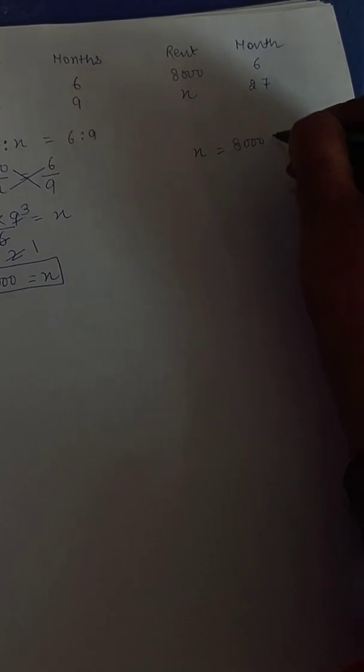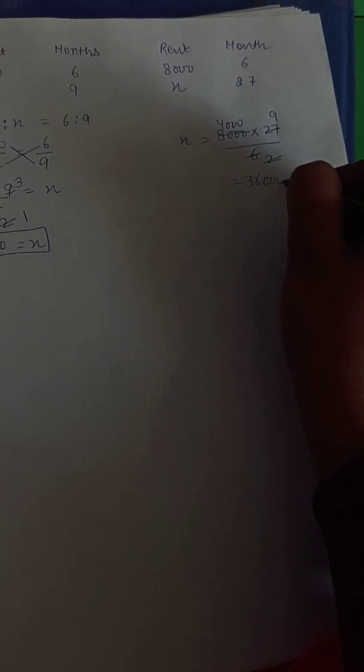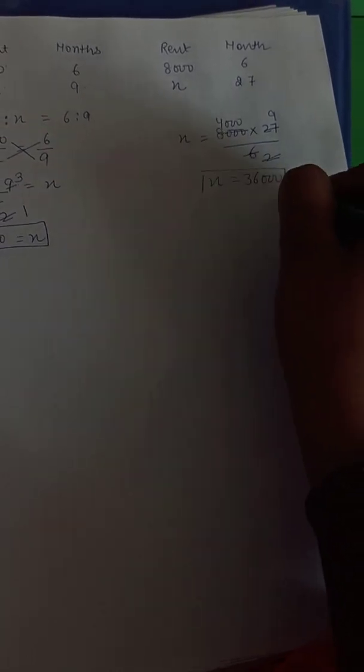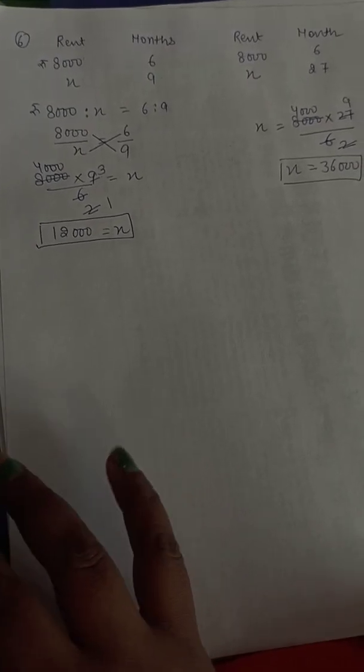Directly you can write like this: x equals to 8,000 multiply with 27 by 6. 3 2s are 6, 3 9s are 27. Then 4,000, and that is 4 9s are 36,000. Means for 27 months the rent is rupees 36,000. Clear this one?